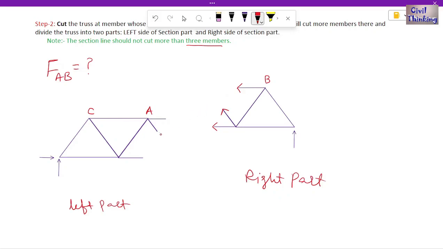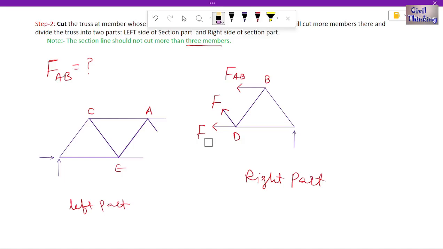If you remember, it was the AB member, so this is the force in AB. Similarly, suppose here was some D, and here it was E, so this will be another force and this will be another force. In the subscript we write the name of the member. This was the AB member, so we write force in AB.